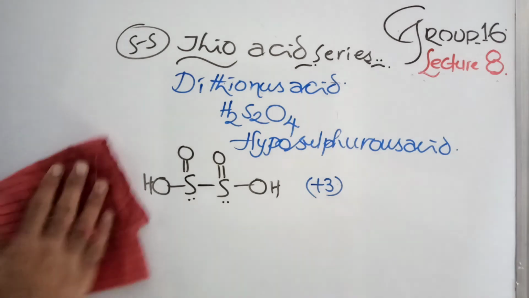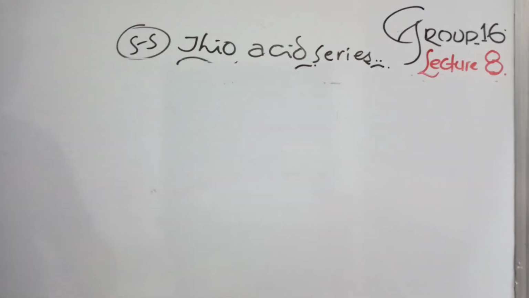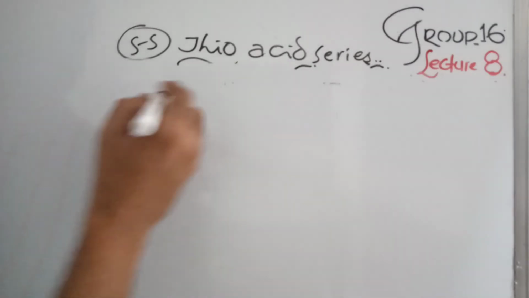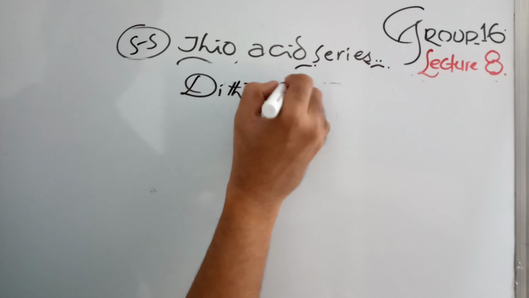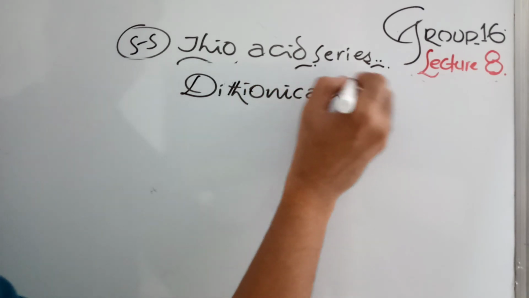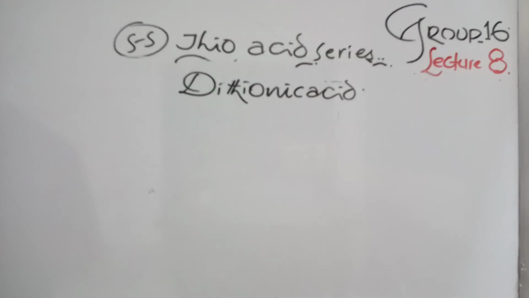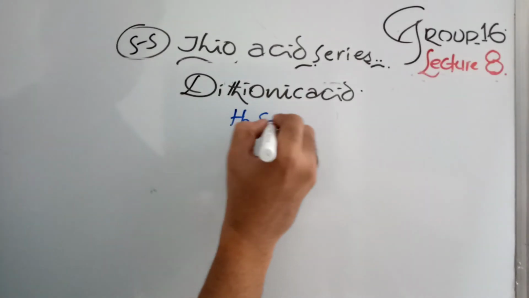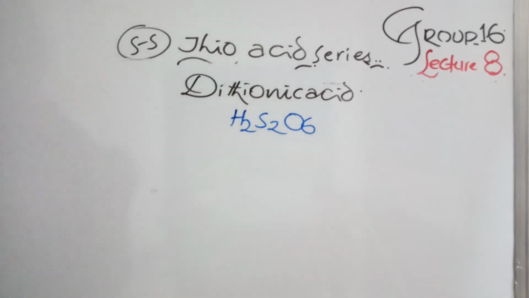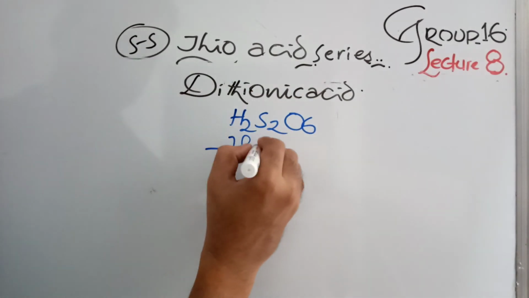One other one we'll see in this series only. Dithionic acid. Dithionic acid has a few more oxygens. H2S2O6. This is hyposulfuric acid.